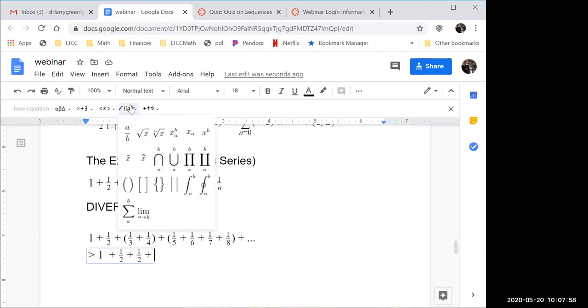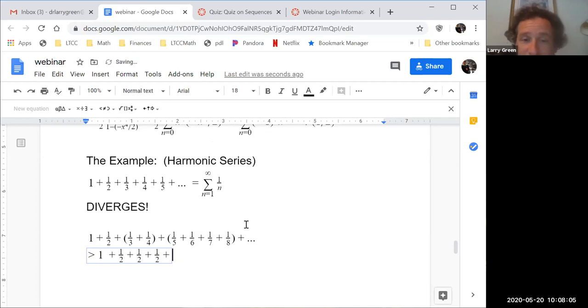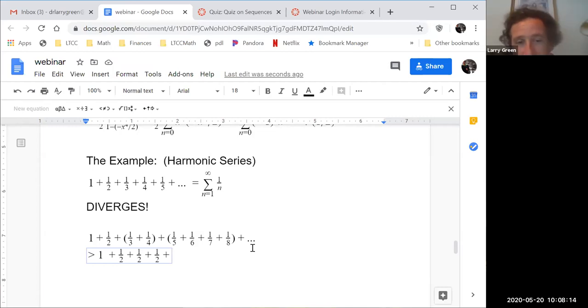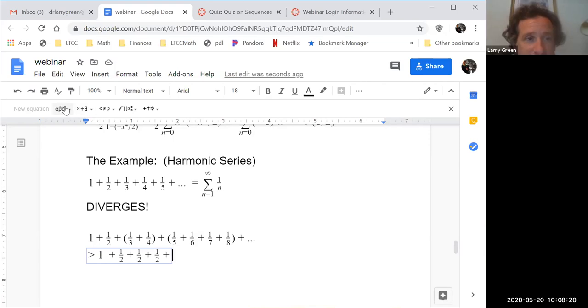Is that clear? Okay, I didn't write the next one down, but the next one is going to be a 9th plus a 10th plus an 11th plus a 12th plus a 13th plus a 14th plus a 15th plus a 16th. There's 8 of them. They're all at least as big as a 16th. So that's at least as big as a half.